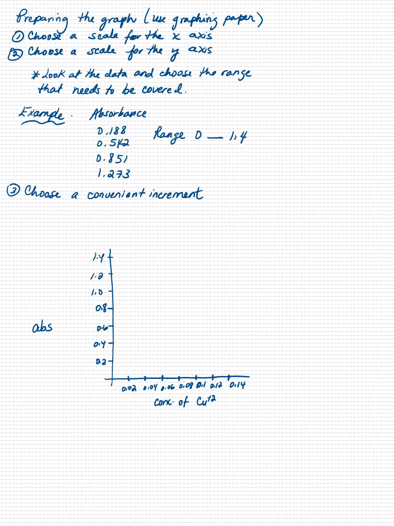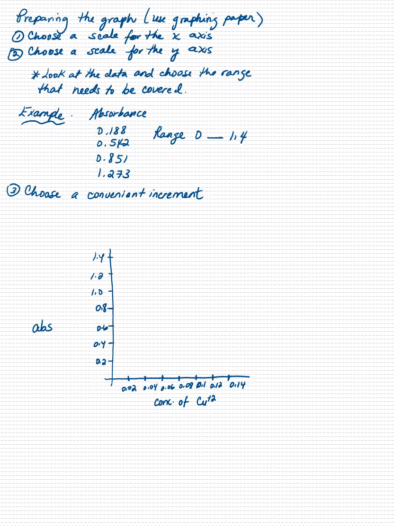So I have here things that you can use to prepare your graph. First thing that you need to know is that when you're graphing, you're not using the same numbers that you have as your data. You have to prepare a scale for each axis. So you need to choose a range that covers all of your numbers, but you're not using exactly your numbers.